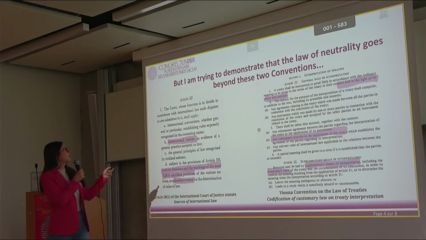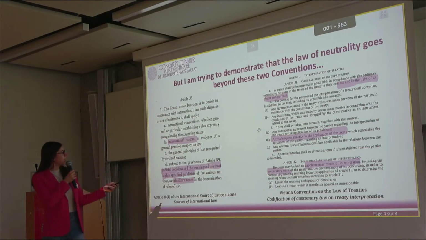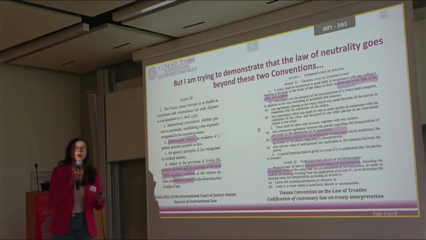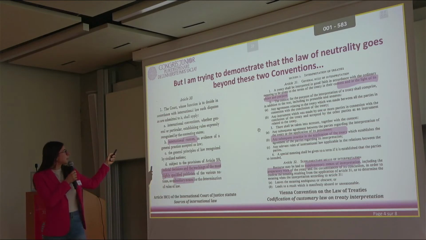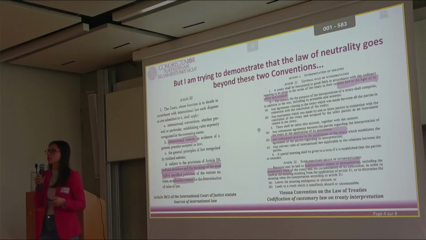First we have Article 38 of the ICJ Statute, the International Court of Justice, which considers as sources of law not only treaties, but international custom, which is the practice of states that states consider as binding as law, and also judicial decisions and the teachings of the most important professors of international law as a way to determine the rules of law.